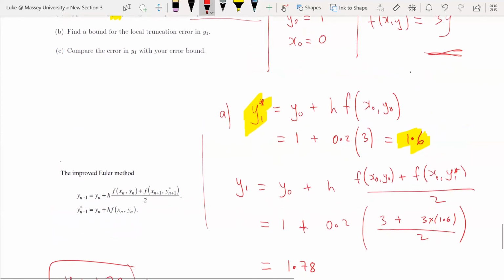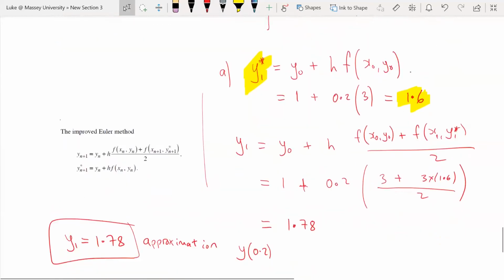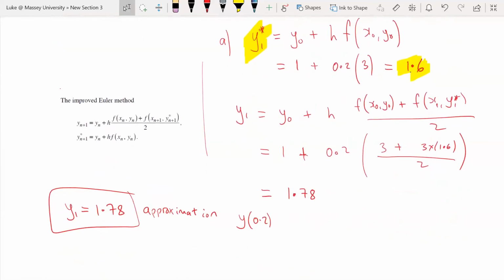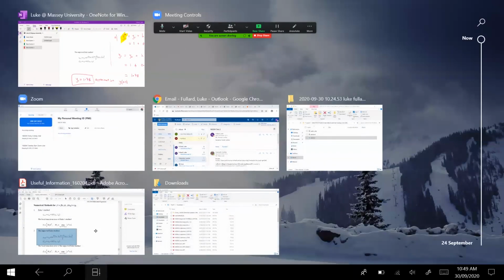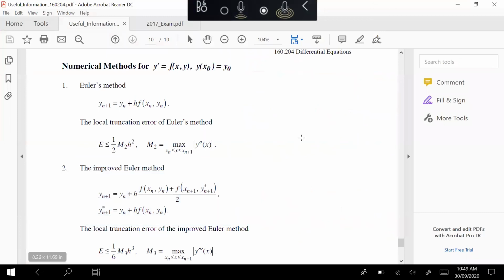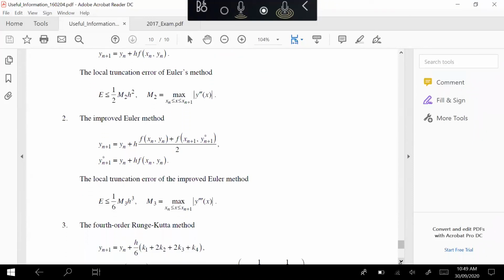Okay. So we are asked here to find a bound for the local truncation error in y1. Of course, we're going to have some local truncation error here. So let's go back to our table of useful information for a second. Our numerical methods are given on the last page of the useful information, so make sure you have that when you take test 3.